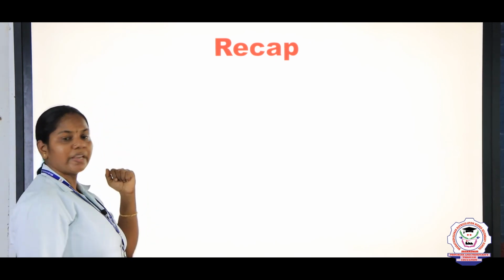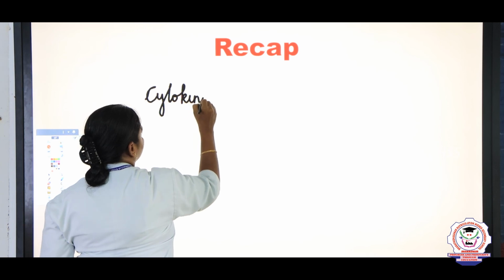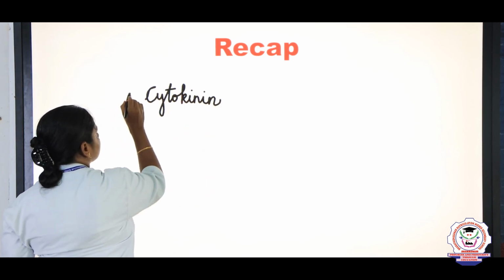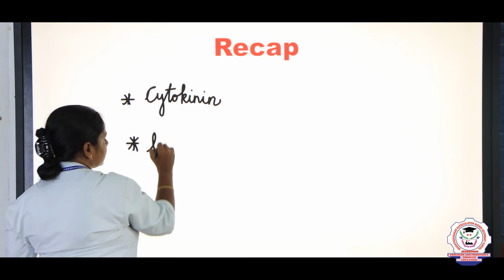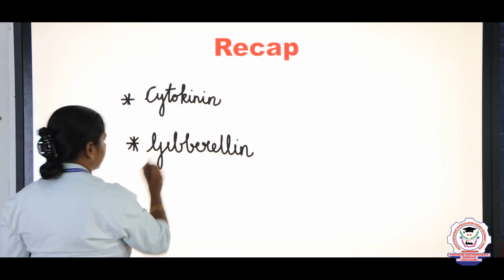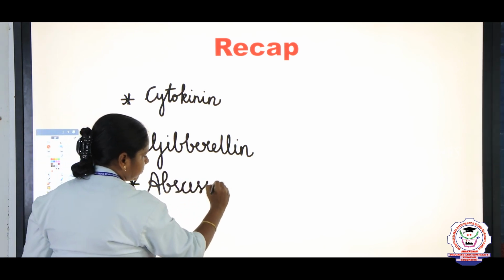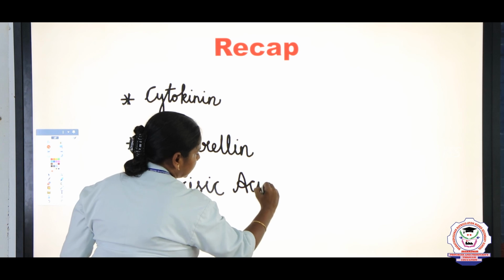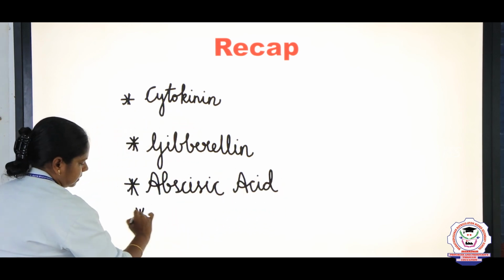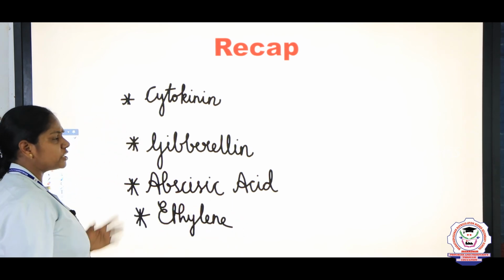So let us recap what we studied, children. In this session we have discussed the four hormones. First we discussed cytokinin, and next we discussed the gibberellins, and next we discussed abscisic acid and its physiological effects, and later we discussed the gaseous hormone, that is ethylene, and its physiological effects.